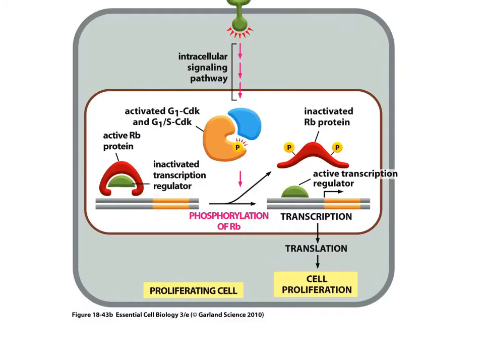What the RB protein does, in brief, is restrain the cell cycle. Early in the cell cycle, it binds to an important transcriptional regulator, maintaining it in the inactive state. The job of this transcriptional regulator is to promote cell cycle entry by activating genes that are involved in DNA replication.